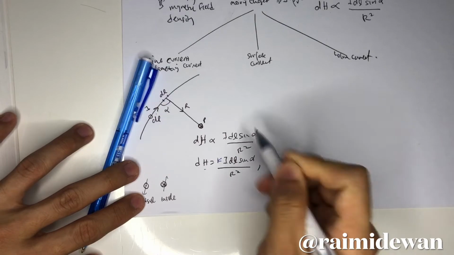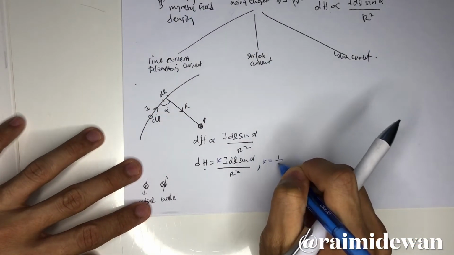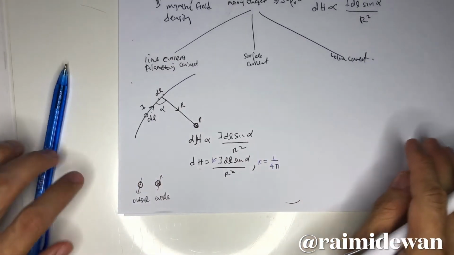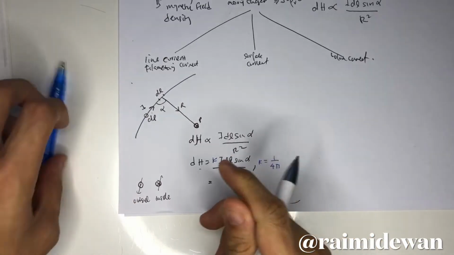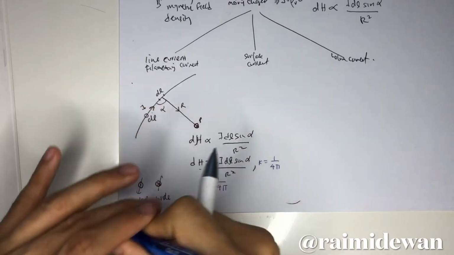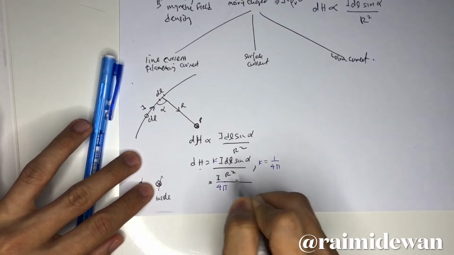This K is equal to 1 over 4 pi. So we finish that. Then we expand it to include 1 over 4 pi. Of course, I is 1, so just write it accordingly.